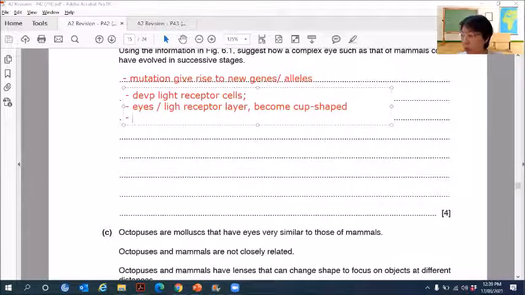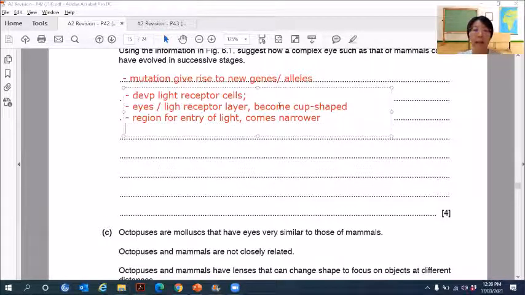Then also the region for the entry of light becomes narrower because they say that less and less light can come in, right? After that, the lens is formed.